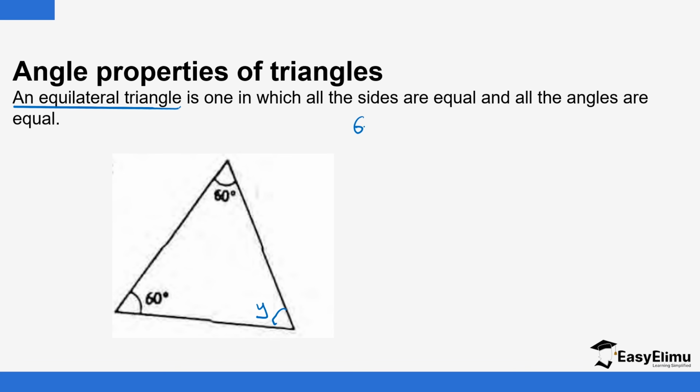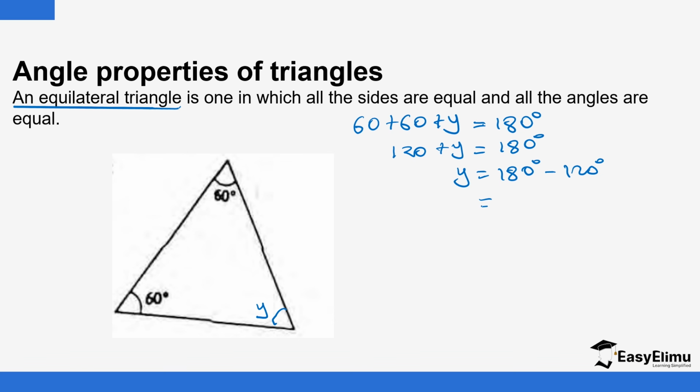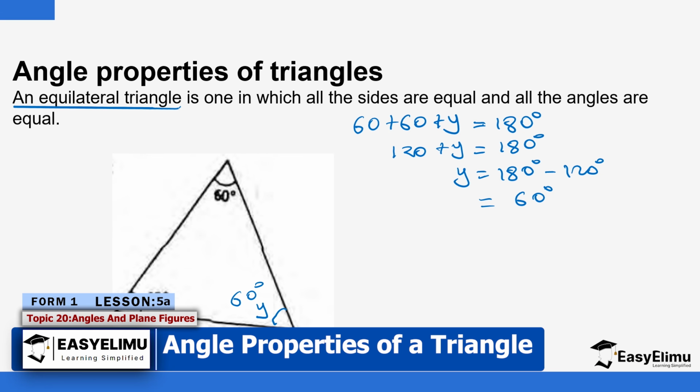So I have 60 plus 60 plus y equals 180 degrees. So 120 plus y is 180 degrees. So y is equal to 180 degrees minus 120 degrees, and that is 60 degrees. So you can see this is 60 degrees. So all of them are the same. That one is called an equilateral triangle. That is the name we are giving to such a triangle.